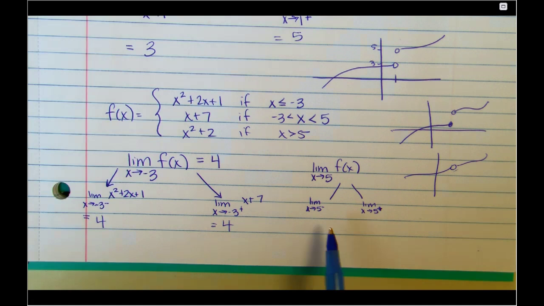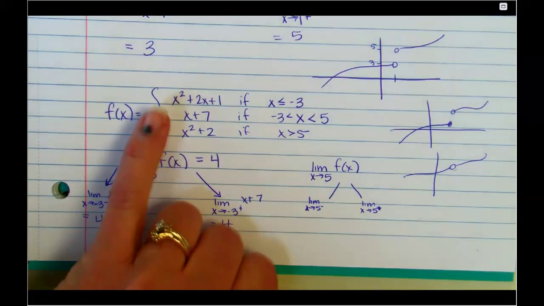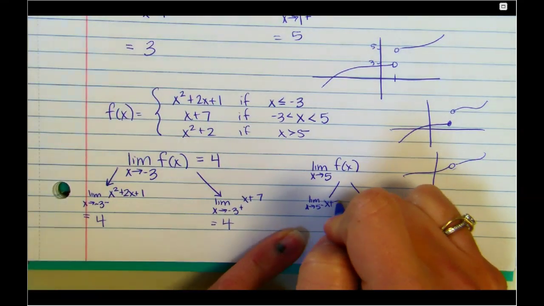Which function do I use for the left of 5? x plus 7. Which one do I use for the right of 5?